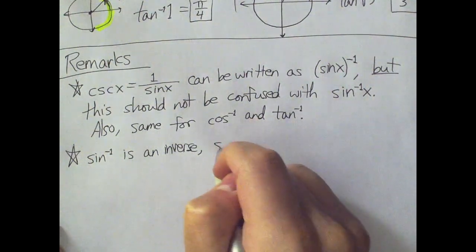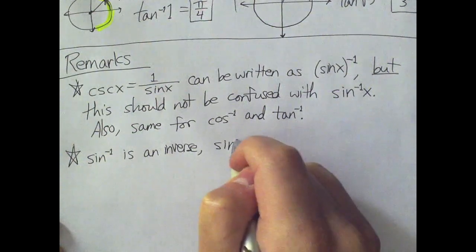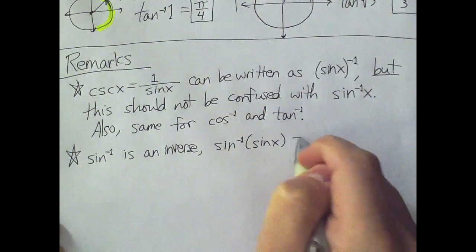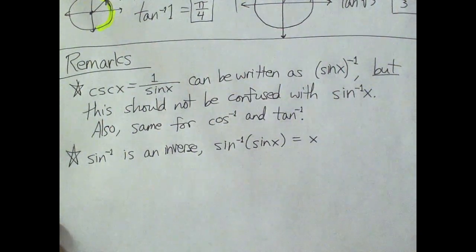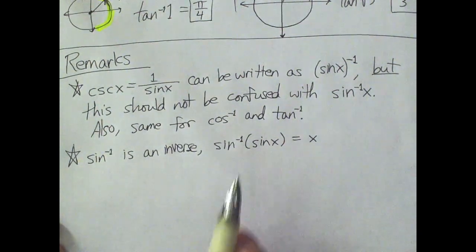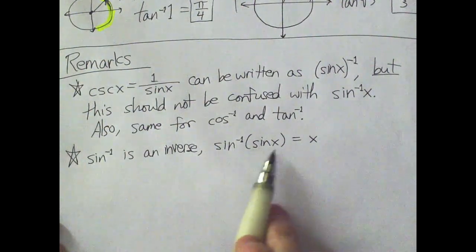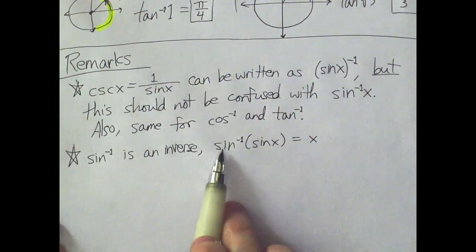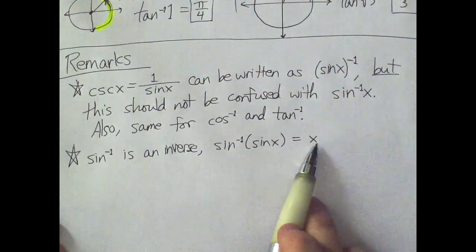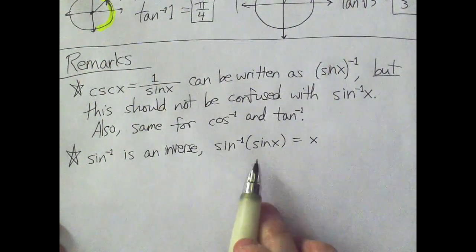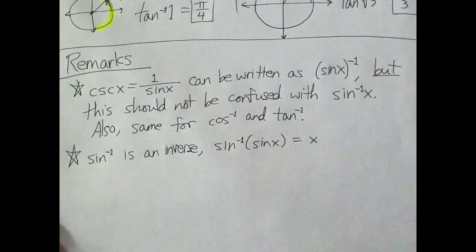So what that looks like is inverse sine of sine x is always going to just cancel out to give you just x. The inverse sine and the sine undo each other. They do opposite things. So they basically undo each other and just leave you with whatever number you had on the inside. In this case, it's called x.